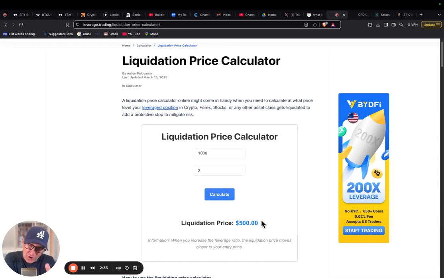Now, you would have stopped out of your position before then so as to not get liquidated, but that's a good example. If you were to use 3x leverage on $1,000, which means you're putting in about $333 of your own money and you're borrowing $666, then of course, you would get liquidated or lose that $333.